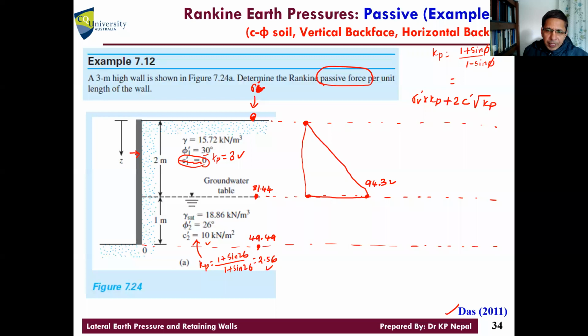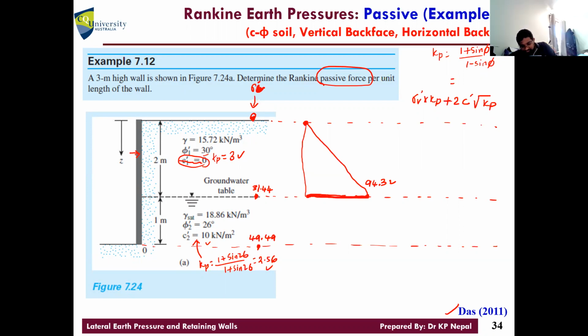But we need to compute just below the layer also for the second layer, along this line. Vertical pressure is the same at this particular line. So 31.44 times what is the Kp value below the layer? 2.56. Is it 56 or 65? 2.56.